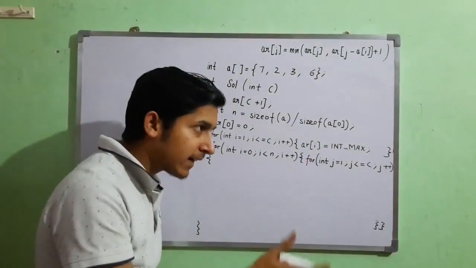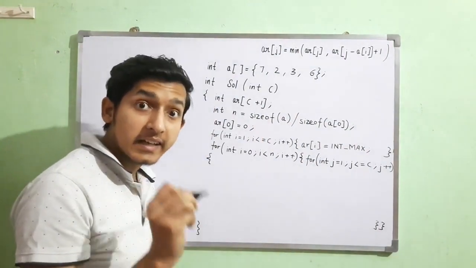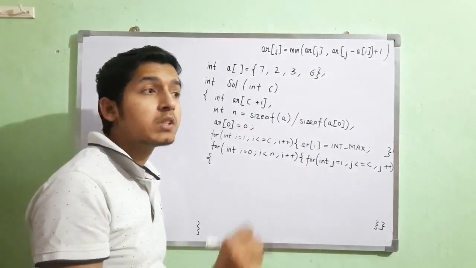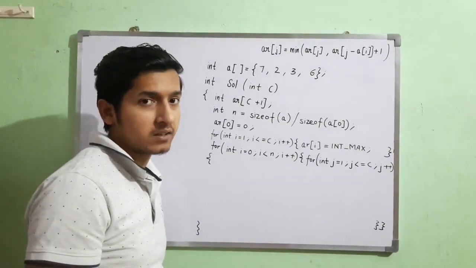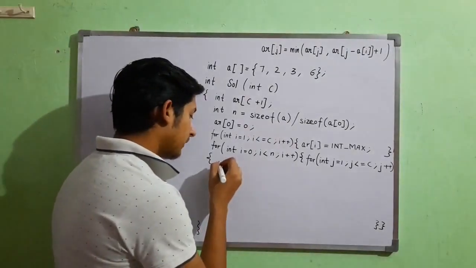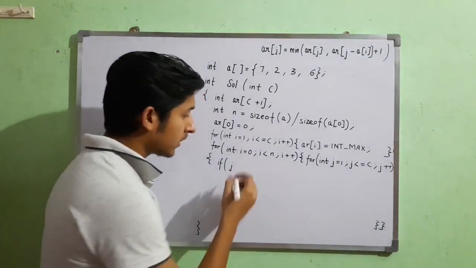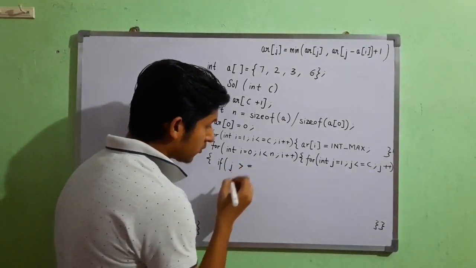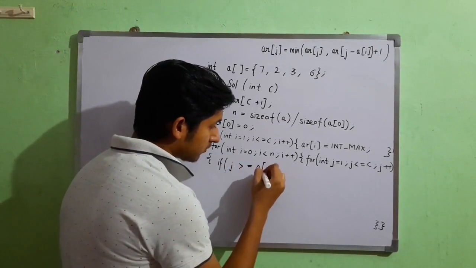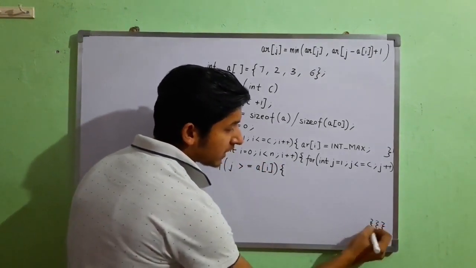If the index of that column is greater than equals to the coin we are considering, then only we can check. So if j is greater than equals to ai, then only you can make change.